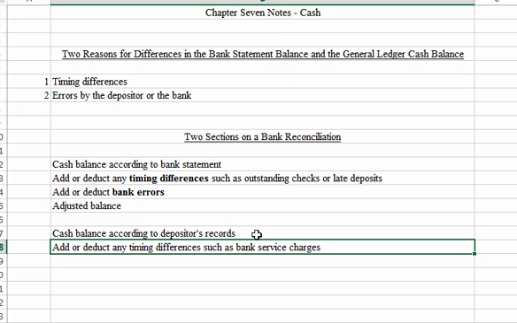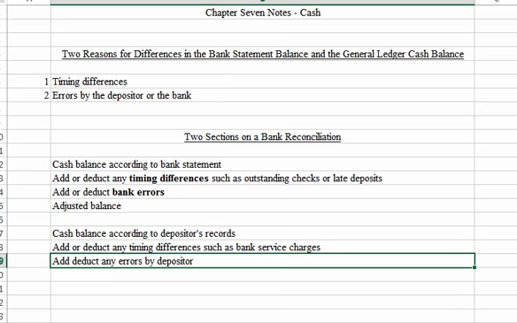Now, these timing differences are where people get confused. If it's an error by the bank, it's an adjustment to the bank's balance. As you're going to see, we're also going to add or deduct any errors by the depositor. So if it's an error by the depositor, it's an adjustment to the depositor's balance, or the business's balance.